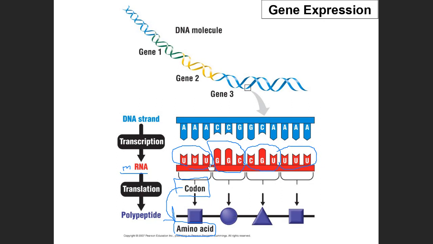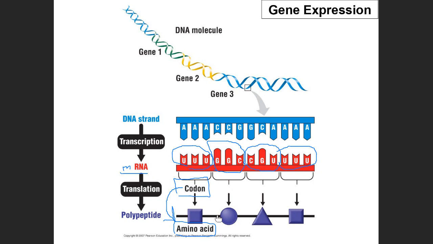So they're trying to show you that this base triplet, known as a codon, codes for one type of amino acid, but this second codon here codes for a different amino acid. This third codon here codes for another different amino acid. And if you look at this codon, it reads the same as this codon. Thus, we put a square just like up here. So the genetic information being transferred by messenger RNA is coded, and it comes in the form of base triplets called codons.